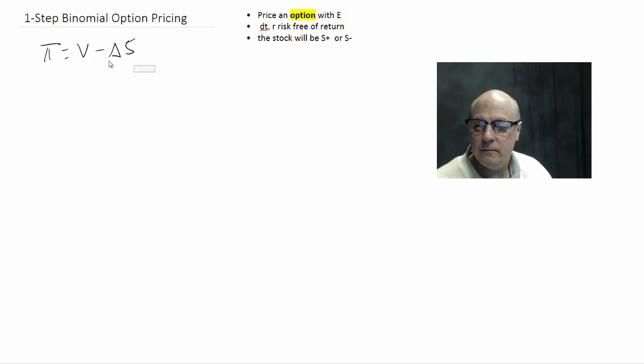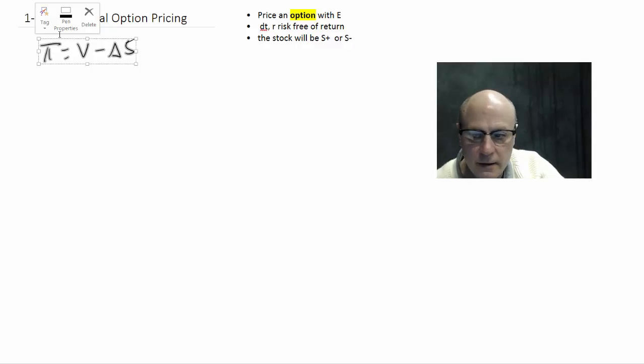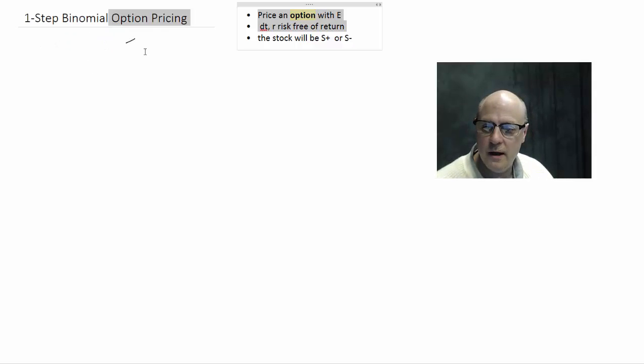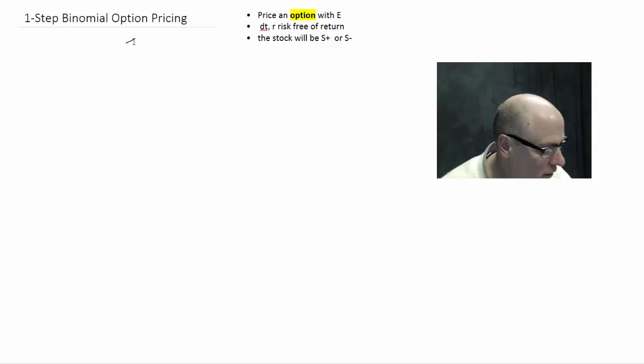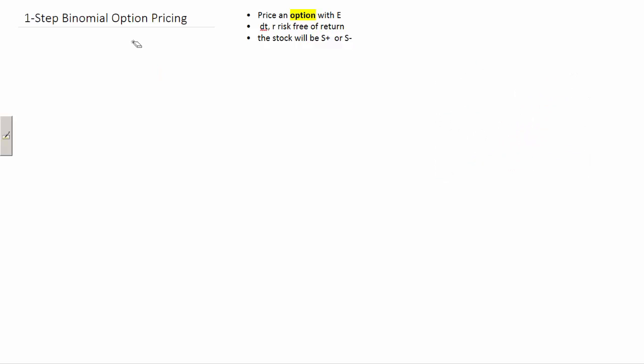All right. That's the portfolio we're going to set up, but let's write down our two possible futures and see if we've got all the information that we need. So the stock is currently trading at S. It could go up to S plus, or it could go down to S minus.